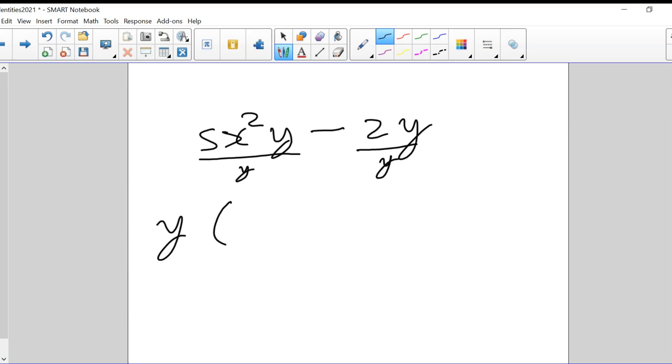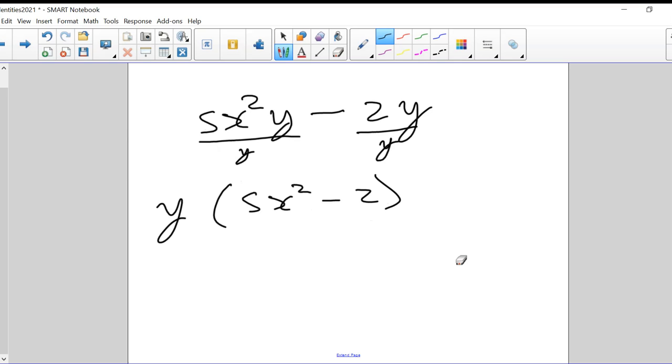Isn't that the way that works? And then whatever I get, I'm going to put inside the bracket. Does that make sense? So what would be left inside the bracket then? Tell me what's left inside the bracket when I divide both of those things by y. 5x squared minus 2. Agreed. And so that would be the result of factoring that.